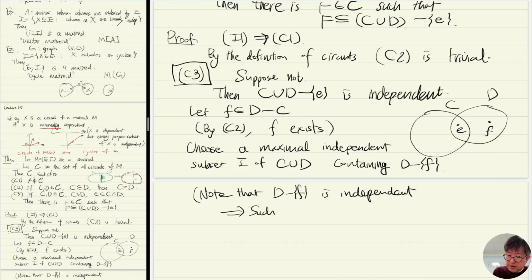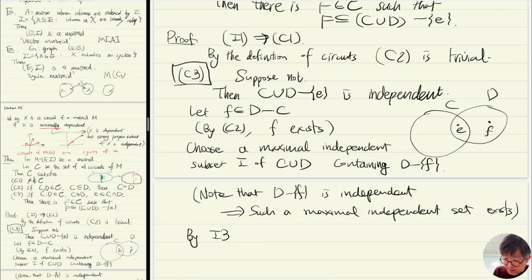So such a maximal independent set exists. Now, I is such a set. So I is a maximal independent set containing D minus F, and it's a subset of C union D. And by I3, all such subsets have the same size, right?